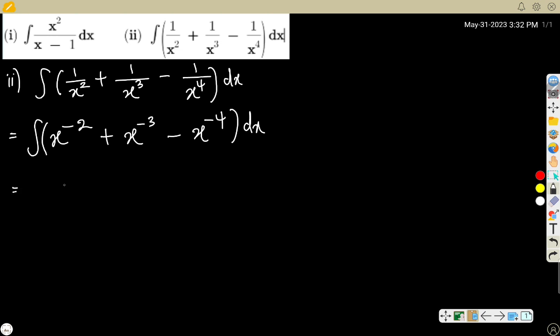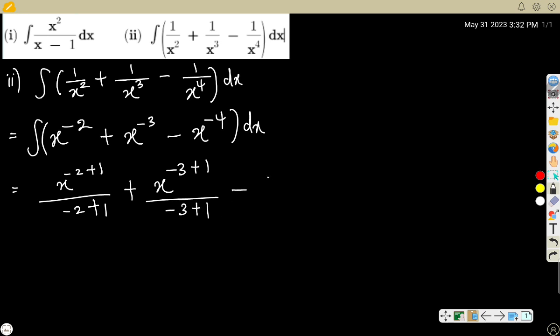So using the definition of integration, we are adding 1 to the power, divided by the power again: plus s raised to power minus 3 plus 1 over minus 3 plus 1, minus s raised to power minus 4 plus 1 over minus 4 plus 1, plus c.